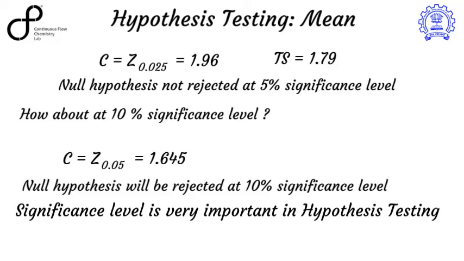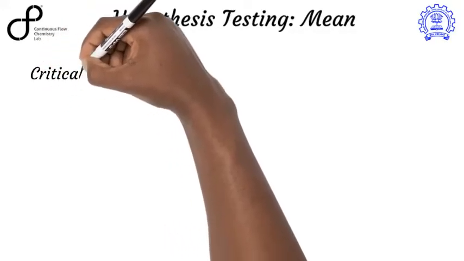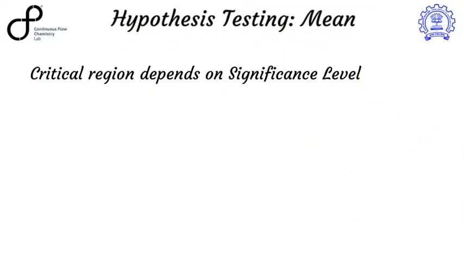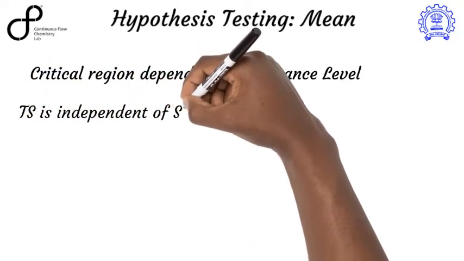Therefore, significance level is very important in hypothesis testing. As we have just learned, the critical region depends upon the significance level in hypothesis testing. However, the test statistic is independent of significance level.